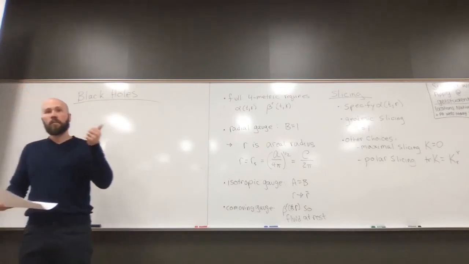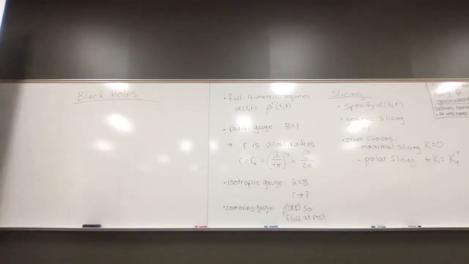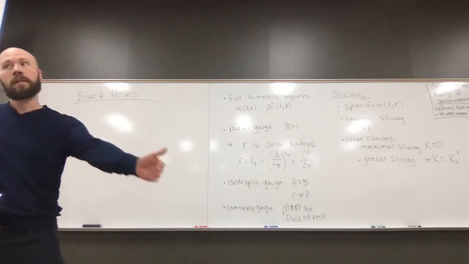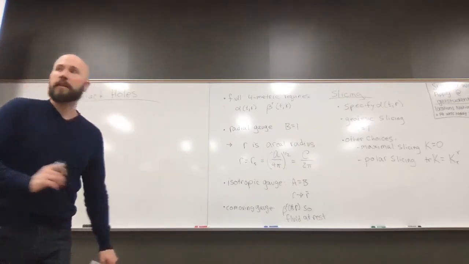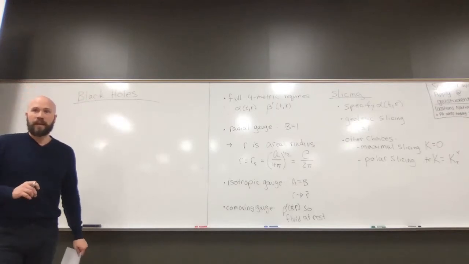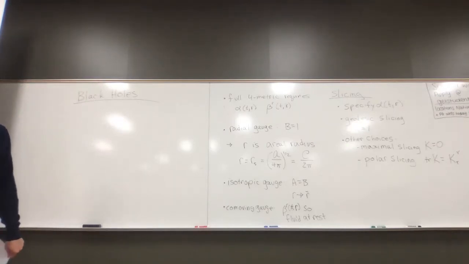So you want a couple of things. In order to study black holes numerically and in spherical symmetry, you want horizon penetrating, meaning that your coordinates can go through the horizon. Schwarzschild doesn't. And you also want something that avoids the singularity, so singularity avoiding. And various choices do not. And so you need to come up with some scheme for that.